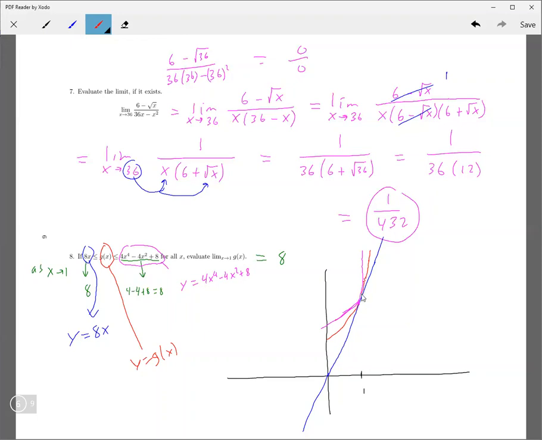It could do weird stuff, but eventually it's got to go to that. So it's going to 8. It's sandwiched in between the blue, the 8x, and this one. We don't know what it is, but it's sandwiched in between them, so it's going to go to 8.